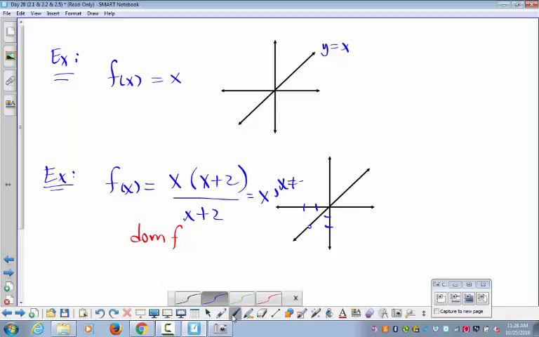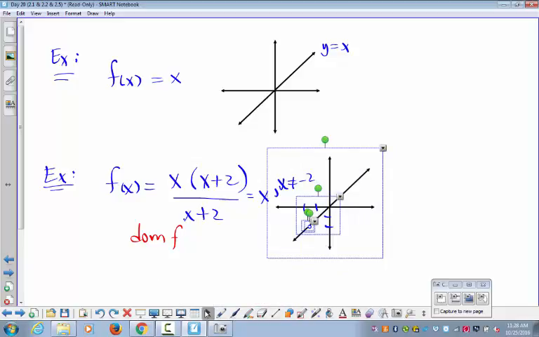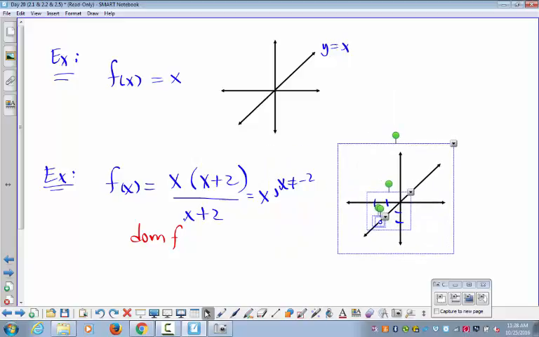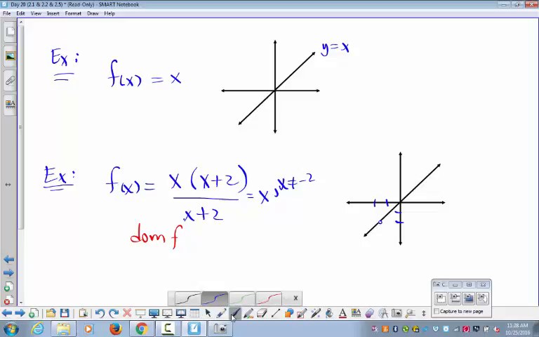So it's true that it reduces to x, but we have to abide by the original restriction that x is not allowed to be -2. So the domain of this function is all reals except for x being -2.